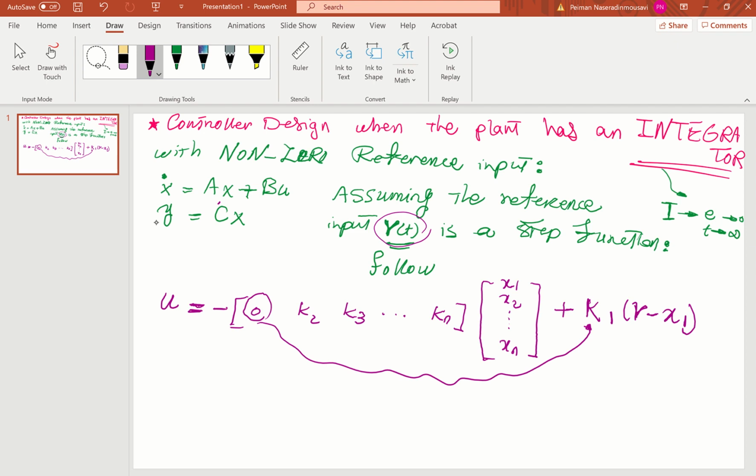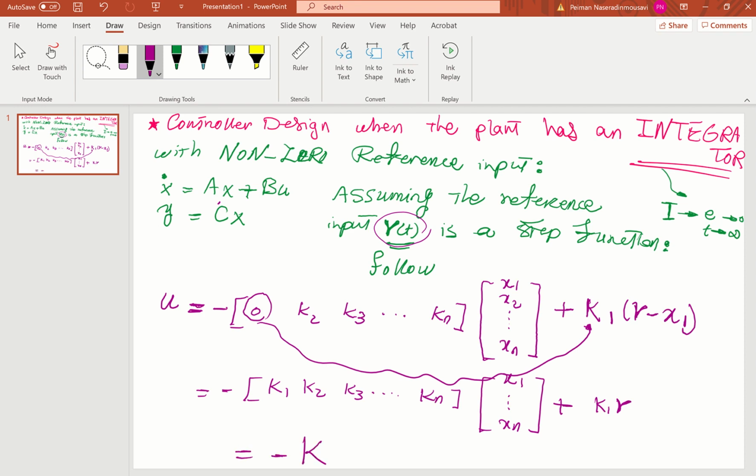On the other hand, if you return it back here, this K1 x1, you're going to have K1, K2, K3, Kn times x1 to xn, plus K1 R. So if you lump that, you're going to have gain matrix K times X plus K1 R. So we know that now.